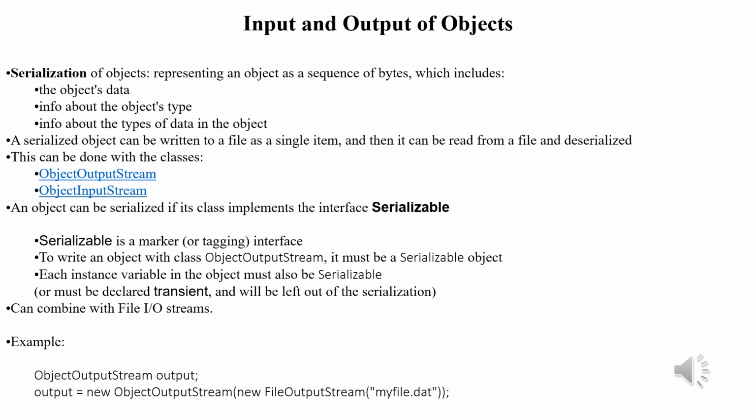To do so, you can use these classes: ObjectOutputStream, ObjectInputStream. Here there can be a question of when an object can be serialized. We say an object can be serialized if its class implements the interface Serializable, right?